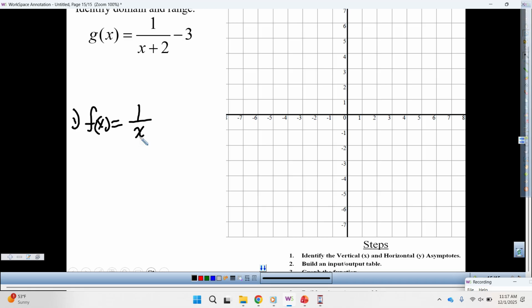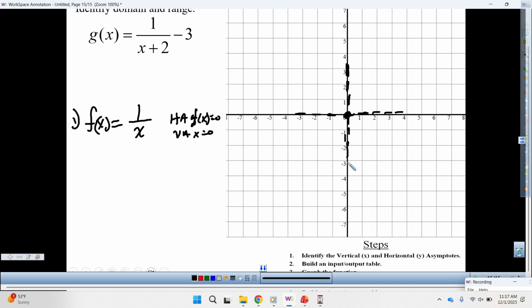We know that our HA, or f of x, is 0. So our horizontal asymptote goes like this, at 0. And since there's nothing next to the x, our VA is x equals 0. That means vertical, going straight up and down, like so.